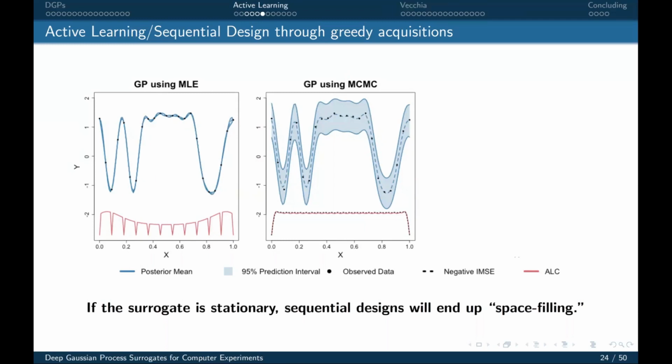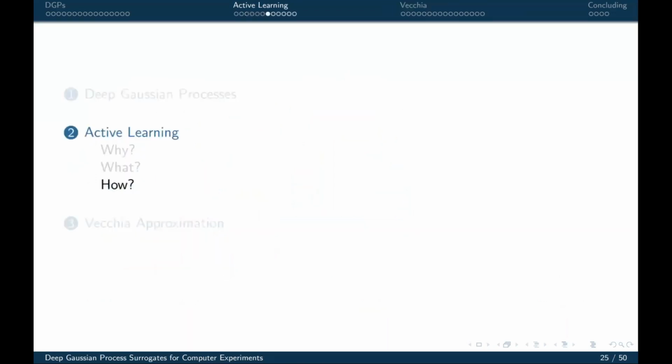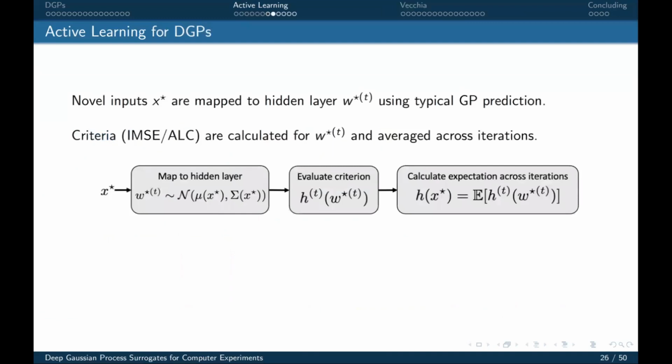So I want to apply this with a deep Gaussian process. And it's super straightforward. I only have really one slide on how to do it. All I have to do is map through my hidden layer. So if I'm entertaining a new X, I might want to add this one, and I want to know what its contribution to the integrated mean squared error is.